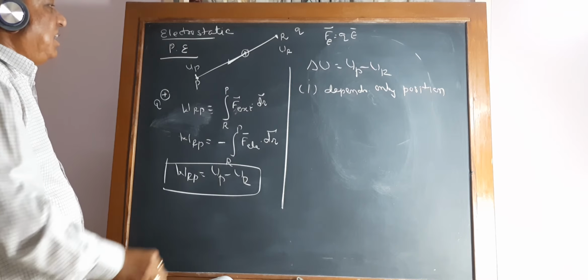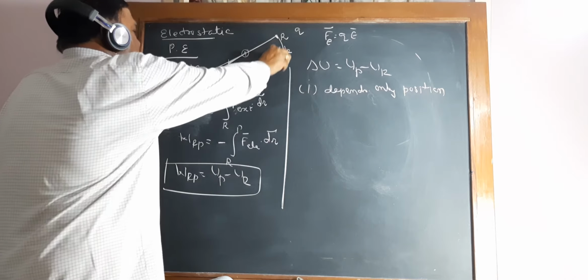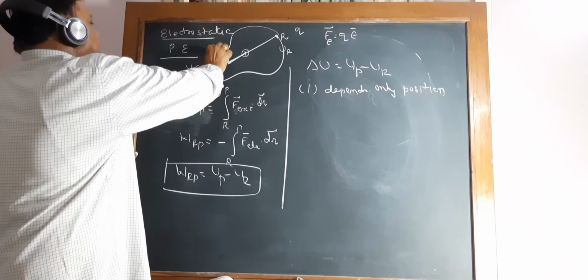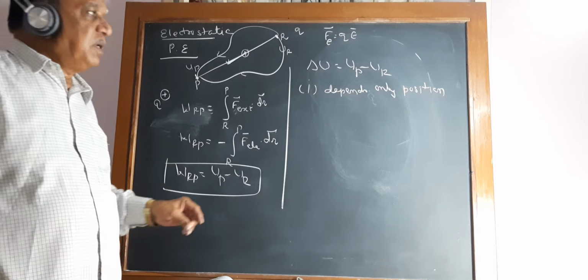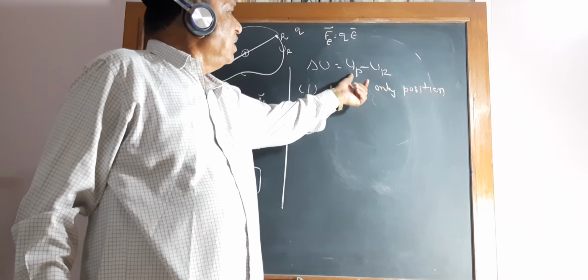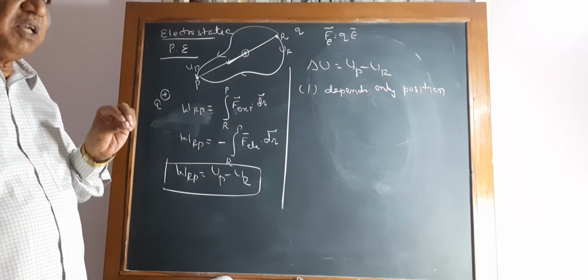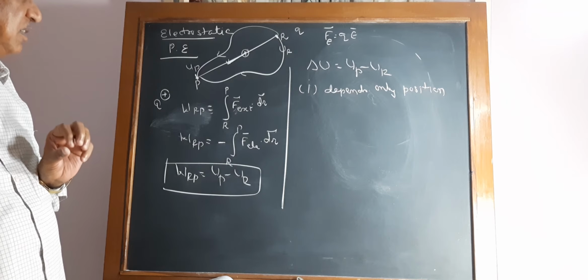Suppose we are bringing charge q from R to P on this path, also on this path. Then from equation it is clear that it is also UP minus UR, means it does not depend upon the path of the work done.